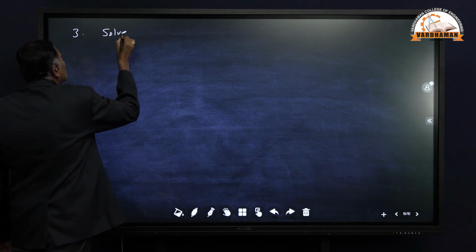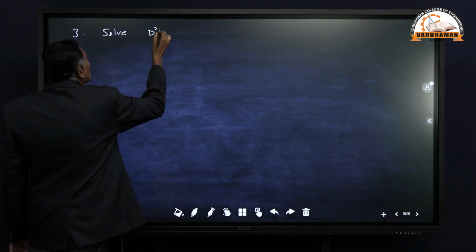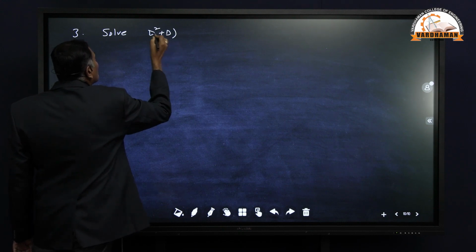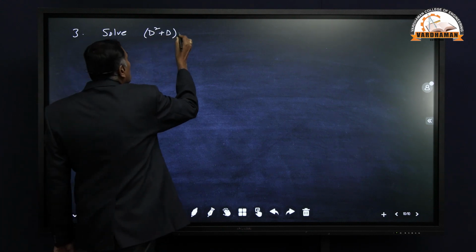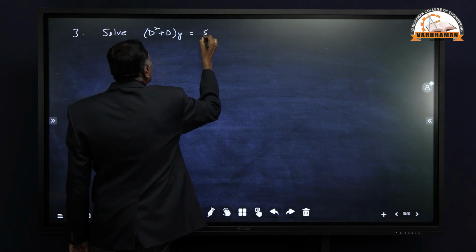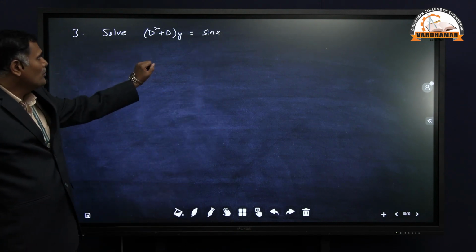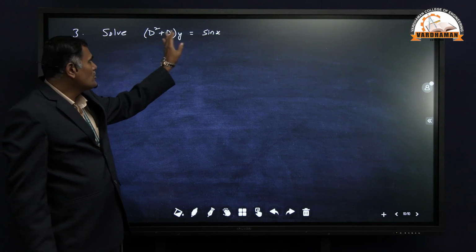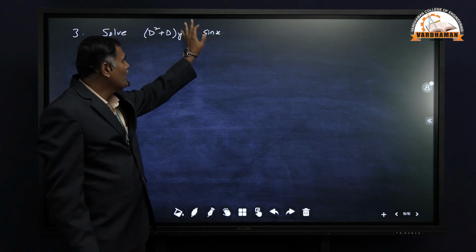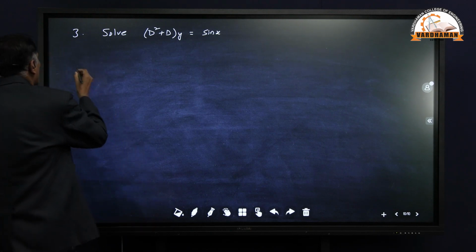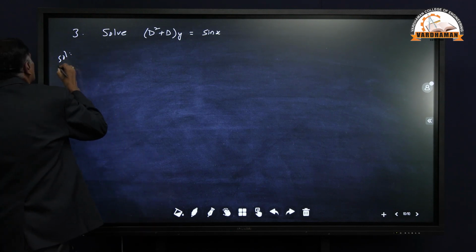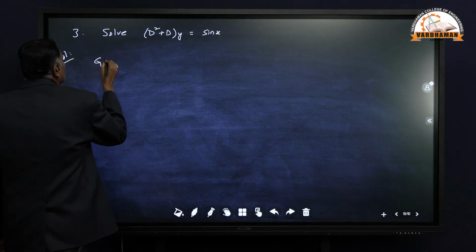Solve, let us take this problem. Clearly it is a linear DE with constant coefficients, and here Q equals sine x. Let us find the solution of this problem. This is the given problem.